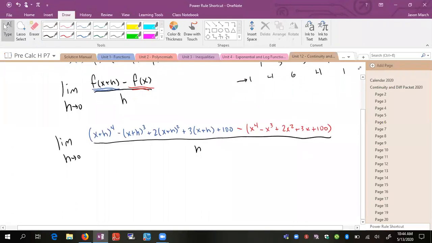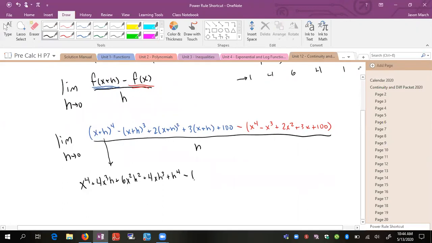So I'm going to have 1x to the fourth plus 4x to the third h plus 6x squared h squared plus 4x to the first h cubed plus 1h to the fourth. So that's this thing expanded out.